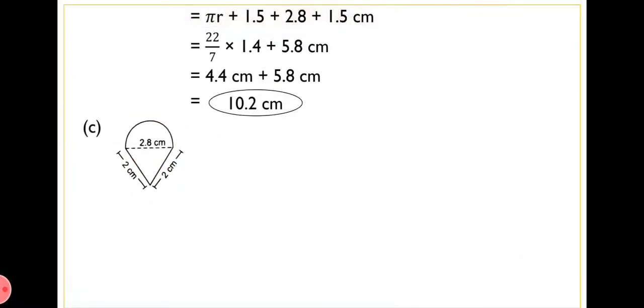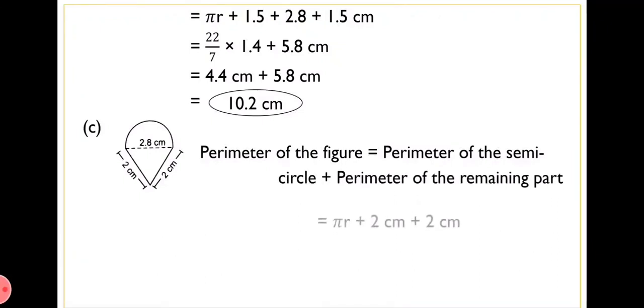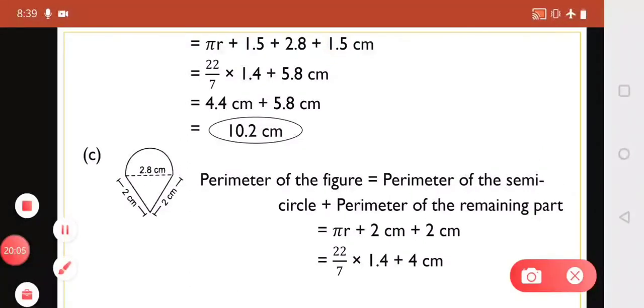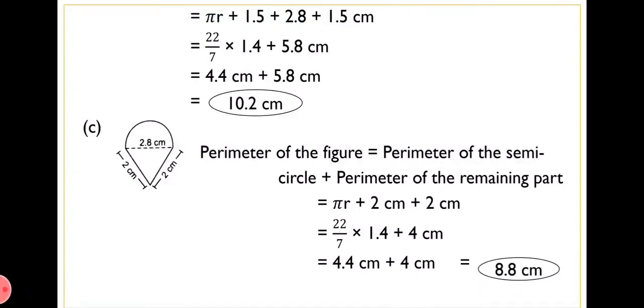So the perimeter of the figure is equal to pi r plus 2 centimeter plus 2 centimeter, that is equal to 22 upon 7 into 1.4 plus 4 centimeter. This will come 0.2, so that is equal to 4.4 plus 4 centimeter, that is equal to 8 centimeter.